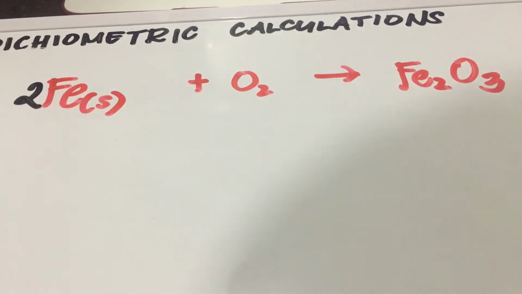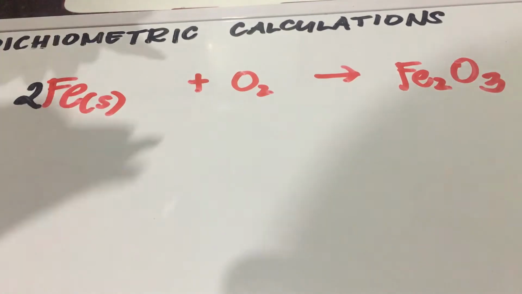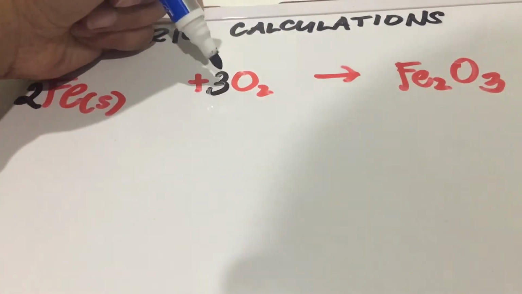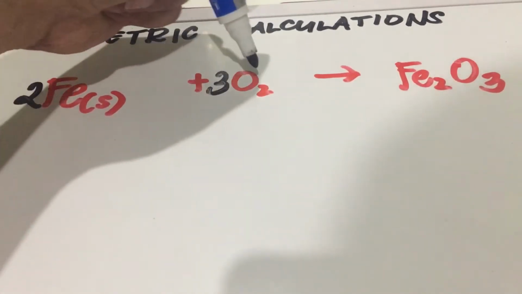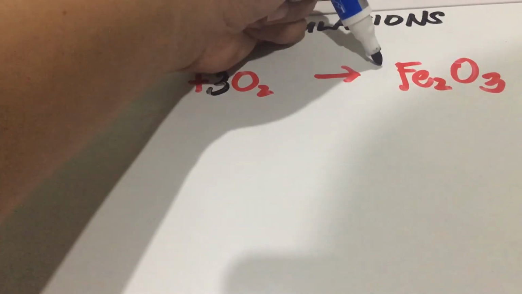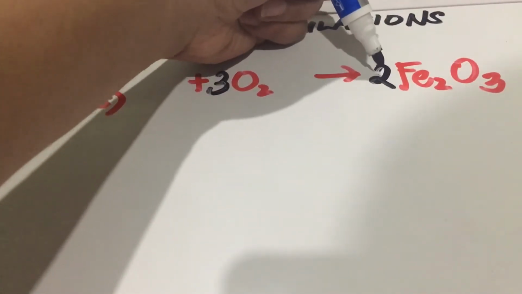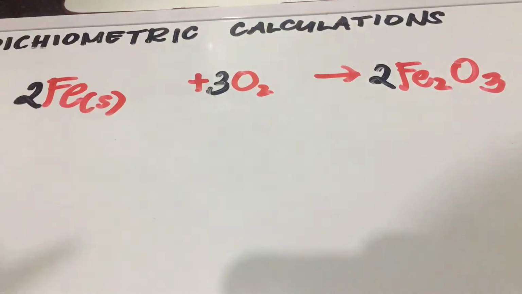Alright, now however in the product side I have 3 oxygen atoms, and in the reactants I have 2. So what we can do is to swap, or interchange, the numbers such that I'll be placing 3 here, so that I'll have 6 oxygen atoms, and I'll be placing 2 before the whole compound so that I will have 6 oxygen atoms.